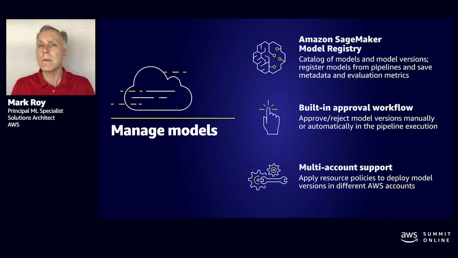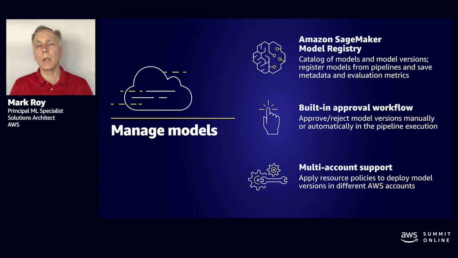And lastly, we know that most large-scale AWS customers operate across many different AWS accounts. So what Pipelines does is let you securely access model artifacts across different accounts. Let's say you're moving from development to testing or testing to staging without having to copy artifacts and without having to rerun entire pipelines if you don't want to do so.